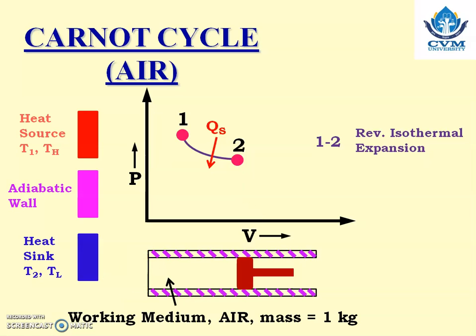Now next, let us exchange the heat source with the adiabatic wall, and due to that the piston continues to move from the middle of the cylinder to the end point of the cylinder, but there is no heat supplied because the adiabatic wall is in contact with the cylinder head.